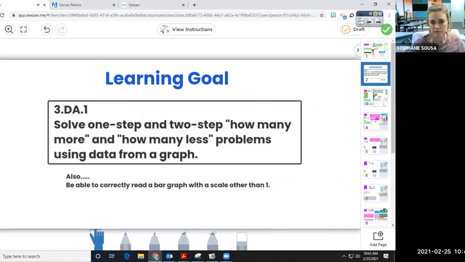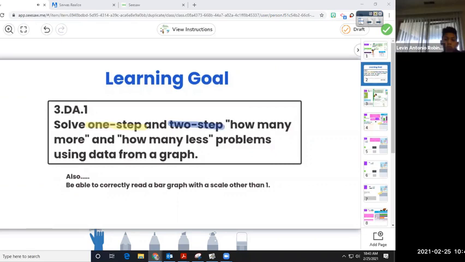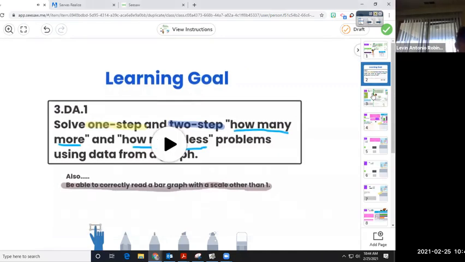Today, we are going to continue being able to solve one-step problems and add in two-step problems with the words how many more and how many less or fewer using data from a graph. Also, another skill you need to be able to do is to be able to correctly read a bar graph with a scale greater than 1. All right, there's our goal.